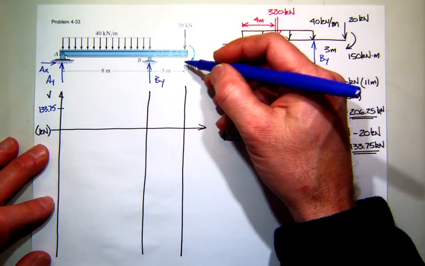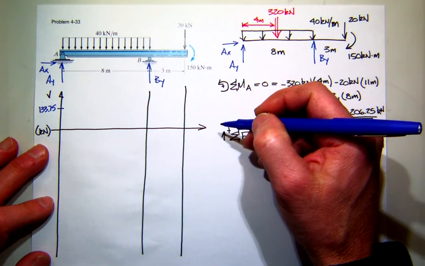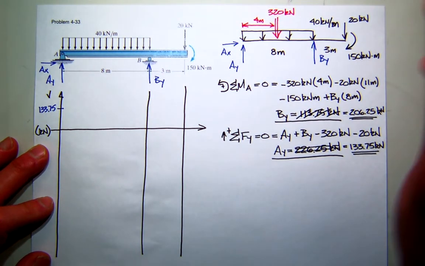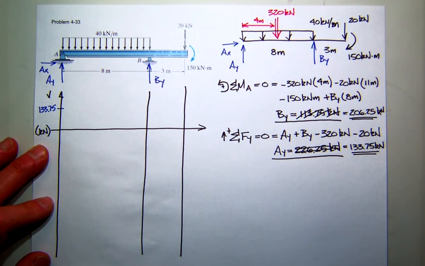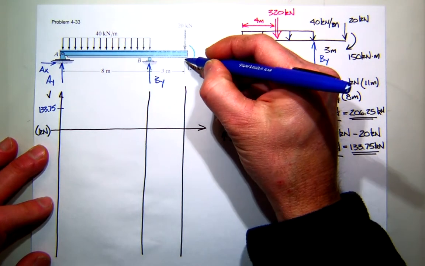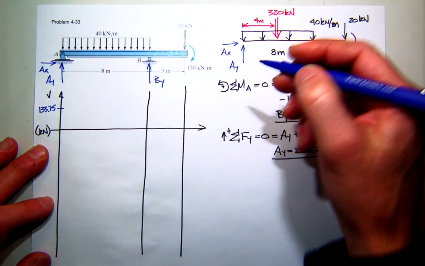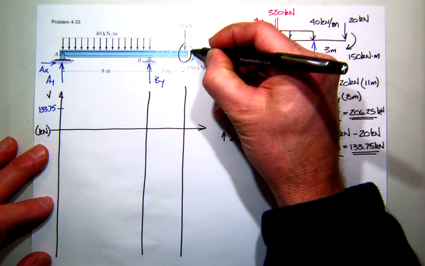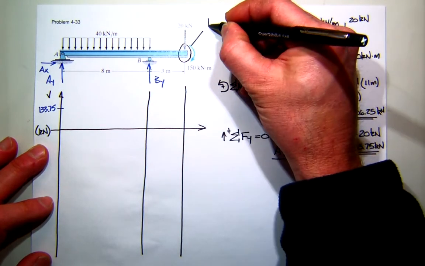What's the shear over here at the free end? 206. No. With that applied load right at the end, what is the shear going to be? Think about a little free body diagram of that chunk of the beam.